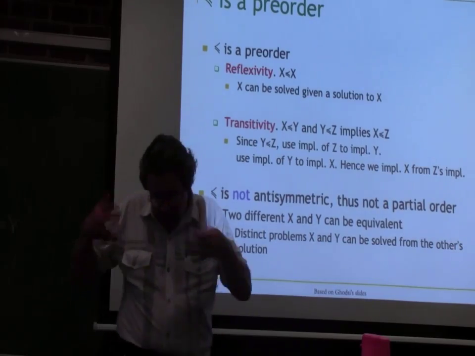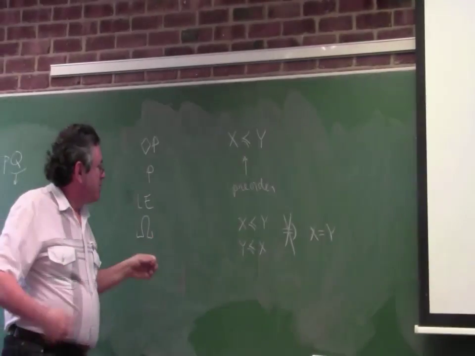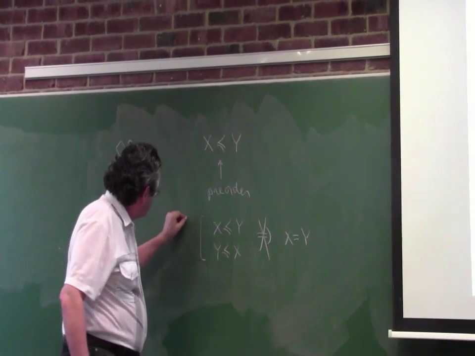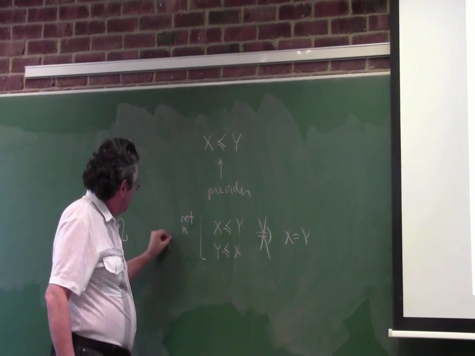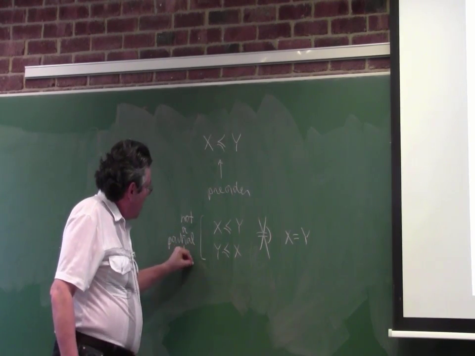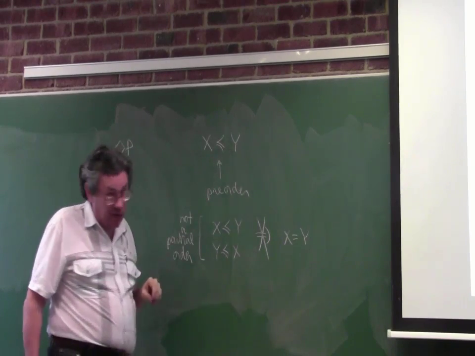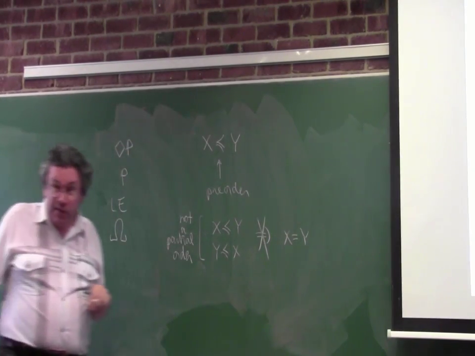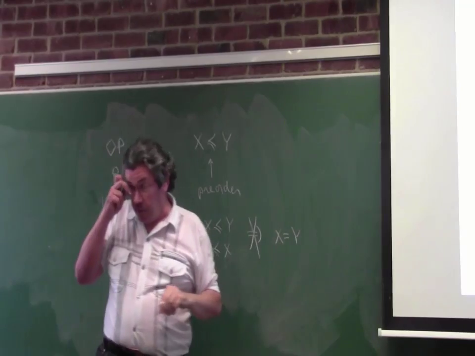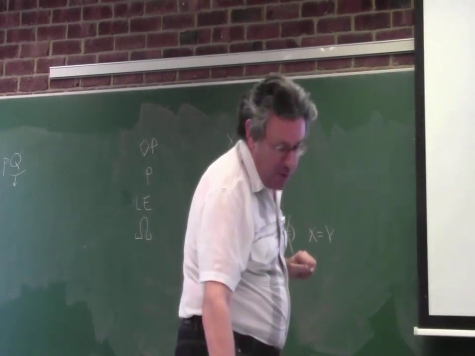It just means that they're equivalent to each other. You can solve one with the other. So this is why it's not a partial order. Okay? This pre-order connection between problems is really useful in distributed systems, because we're going to be comparing problems to each other.